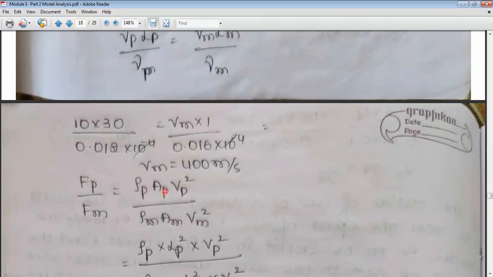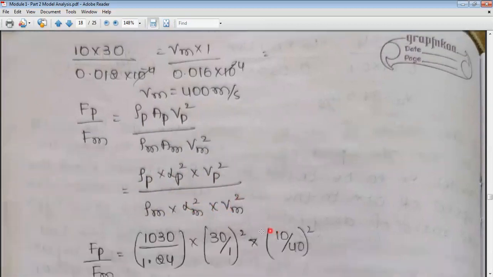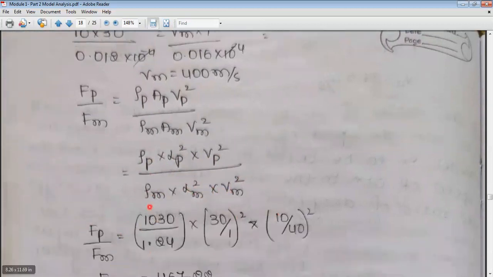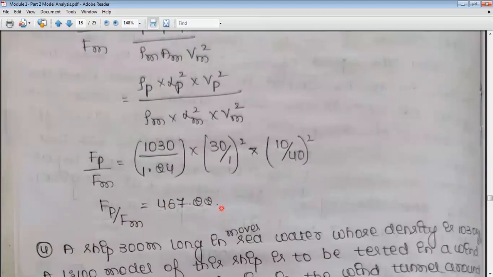Here area is not given, instead he has given length, so I'll convert this area as L square. This we have already discussed in the last session. So rho p Lp square into Vp square divided by rho m Lm square into Vm square. Therefore Fp by Fm, substitute all the values, density, length, velocity, you get the ratio of 467.22.